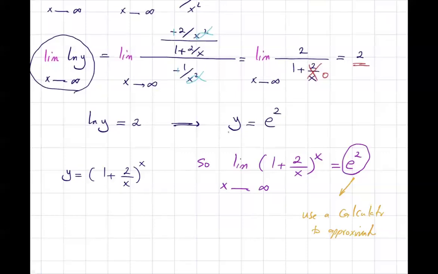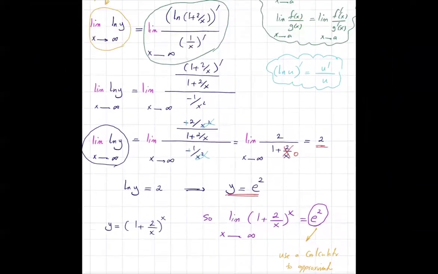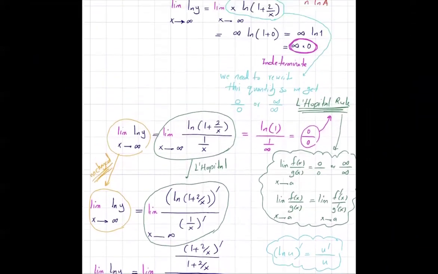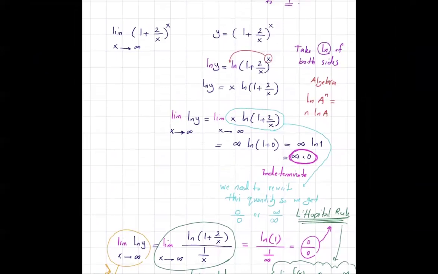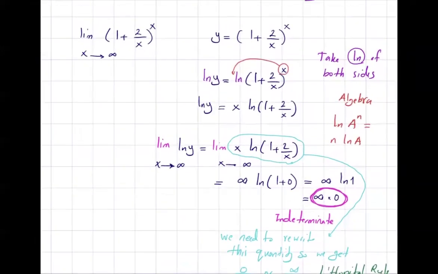y is e to the second power. It means that the limit is e to the second. So a short summary for you. We wanted to find the limit of 1 plus 2 over x to power x. We wrote y equals 1 plus 2 over x to power x.